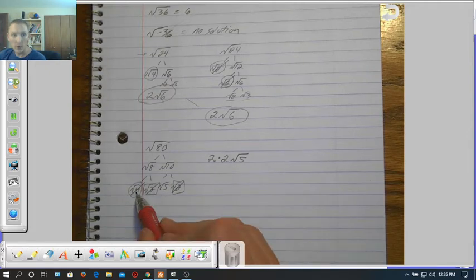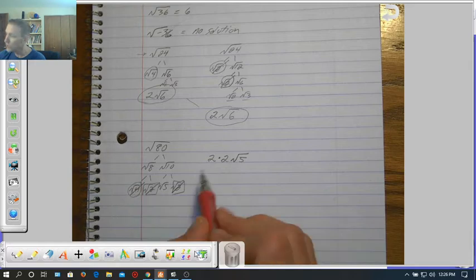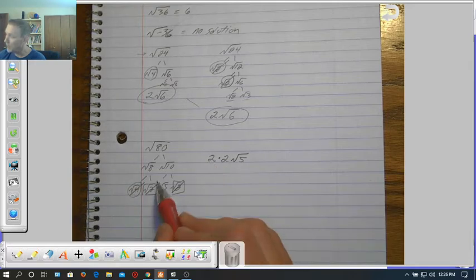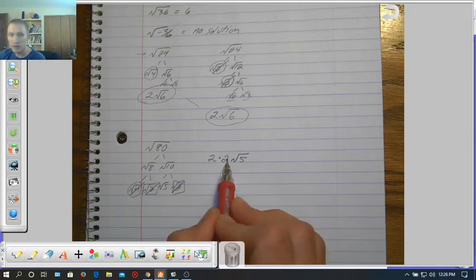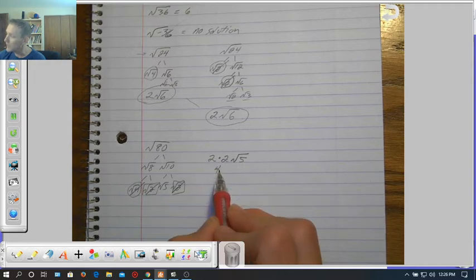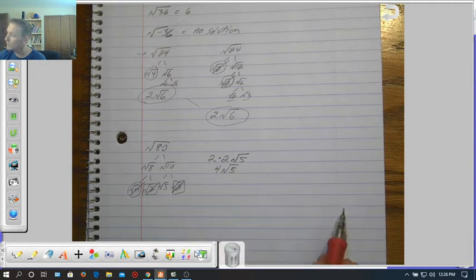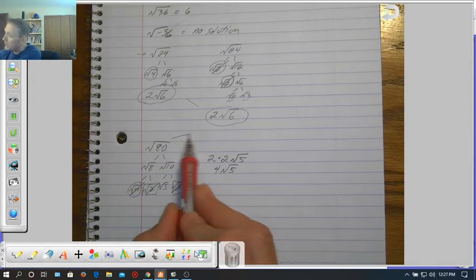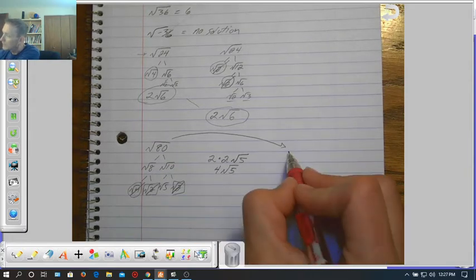So I had a square root of 4, which equaled 2. And I had a pair of 2's that partnered up. One broke free, and the other died. Well, let's take the numbers that broke free and multiply them back together, and I get 4 radical 5. Well, for those of you who are good at multiplication, let's go back to the radical 80.